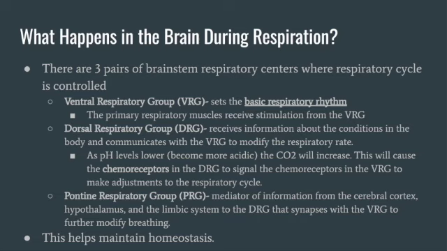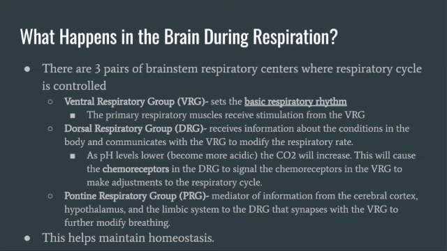As pH levels lower, which means it will become more acidic, the CO2 will increase. This will cause the chemoreceptors in the DRG to signal the chemoreceptors in the VRG to make adjustments to the respiratory cycle. Pontine respiratory group is our third one, which is located in the pons, the mediator of information from the cerebral cortex, hypothalamus, and the limbic system to the DRG, which synapses with the VRG to further modify breathing.